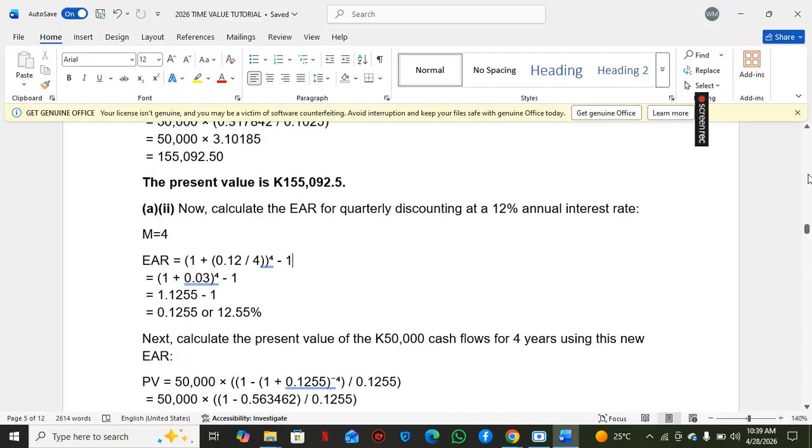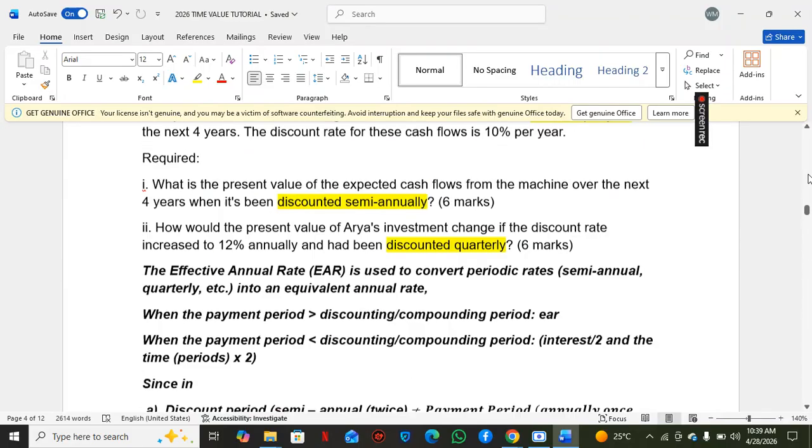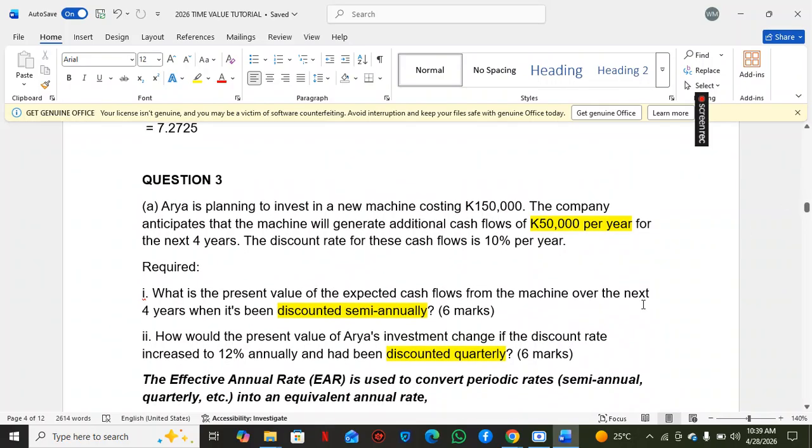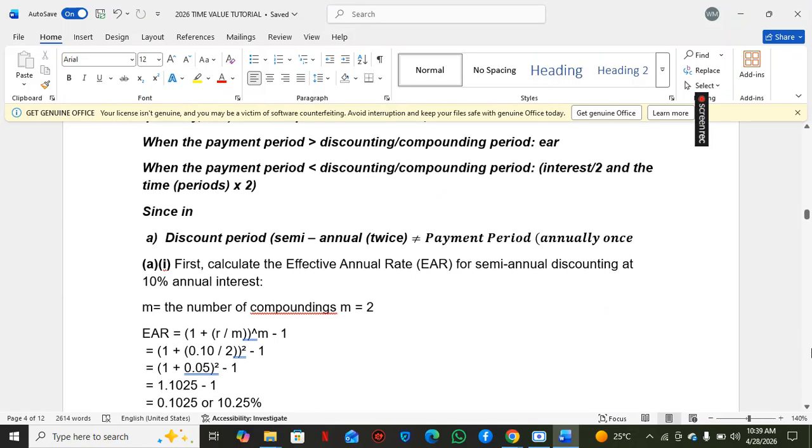Because they asked how would the present value of Aria's investment change if the discount rate increased to 12% and had been discounted quarterly? So when the discount rate and the number of compoundings increased, the present value increased.